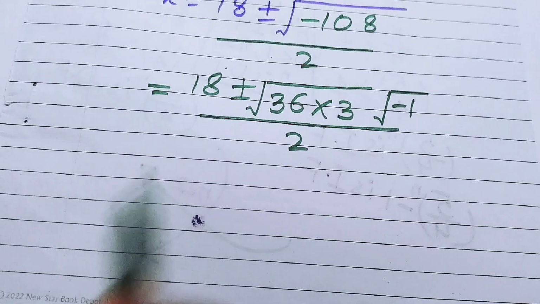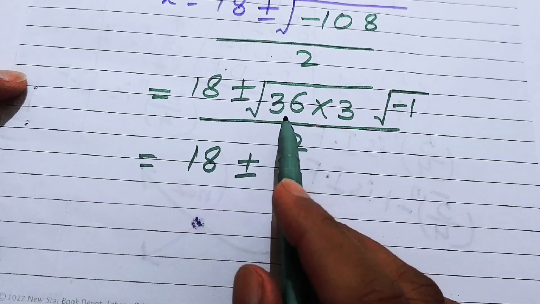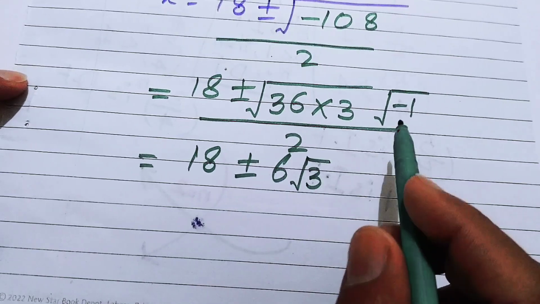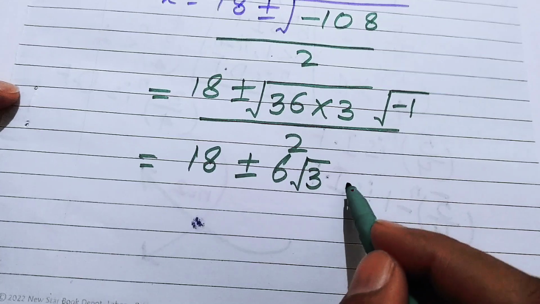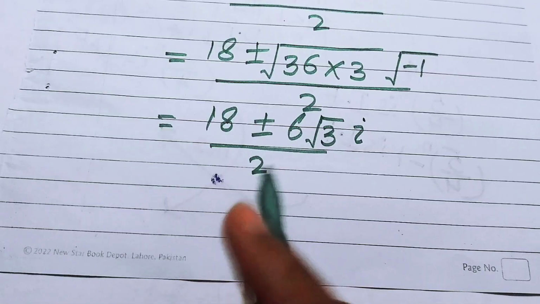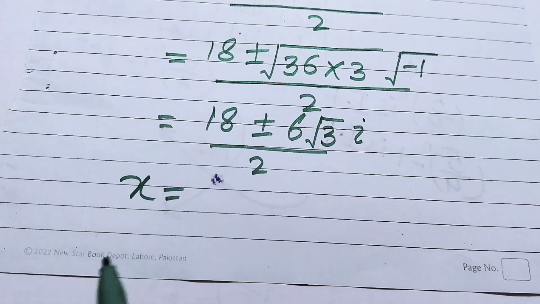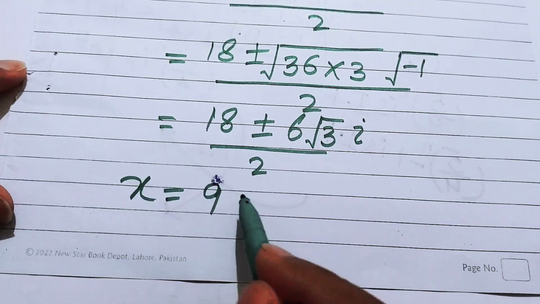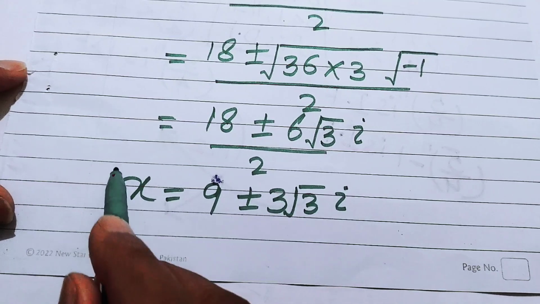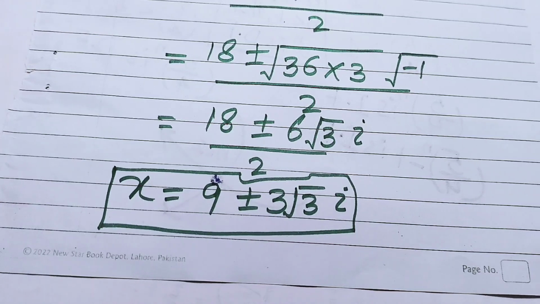In the next step we modify the terms, and we write it as 18 plus minus, you know that the square root of 36 equals 6 times square root of 3, and we know that the square root of minus 1 equals iota, and this whole divided by 2. When we separate these two terms, 18 and 6 cancel, and finally our answer will be 9 plus minus 3 times square root of 3 into iota. So these are the other two complex roots of the given equation, and this is the final answer.